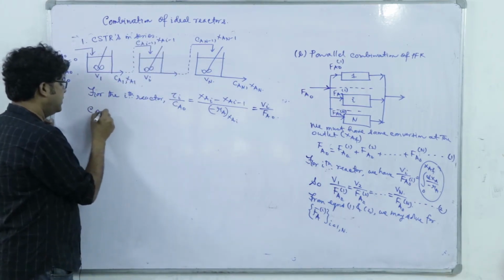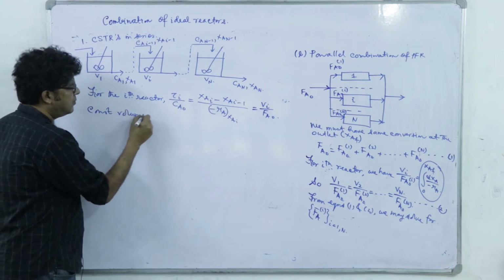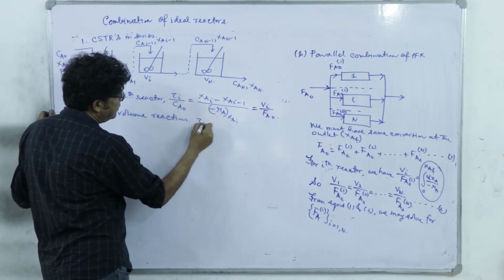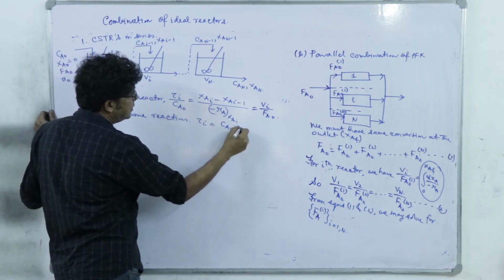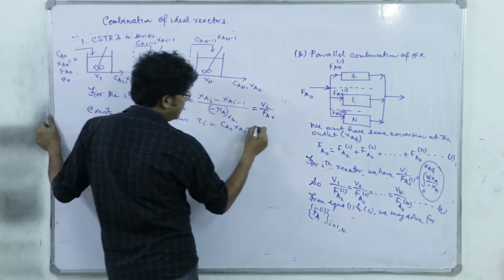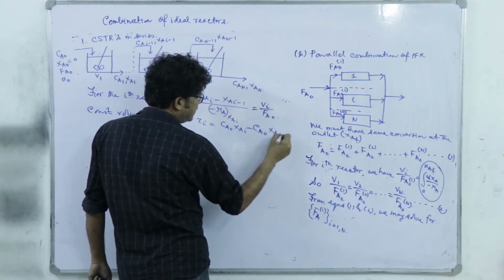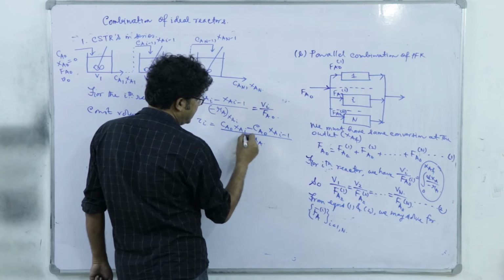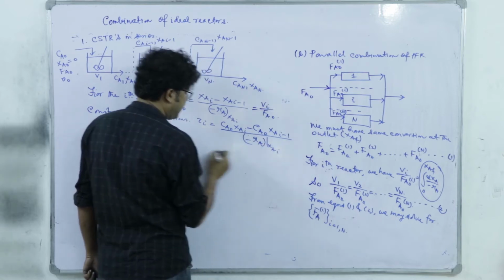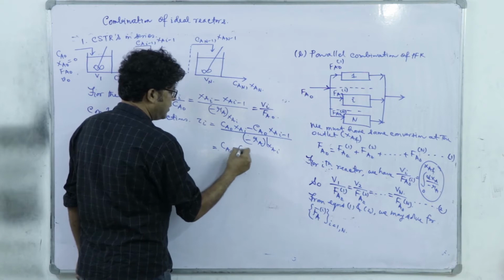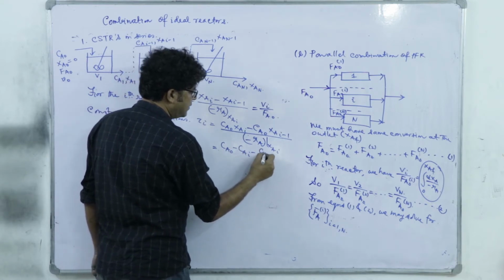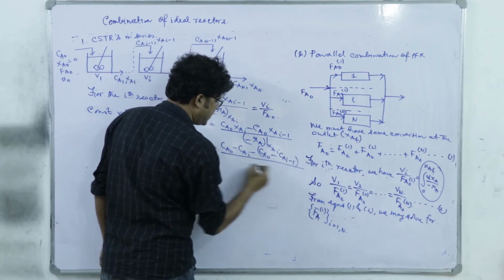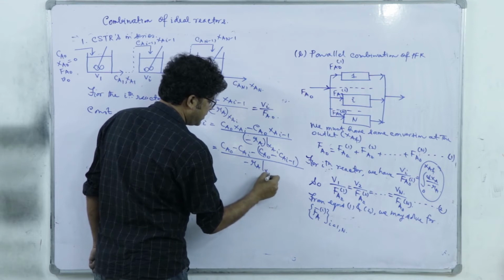Now, for constant volume reaction, we have tau i equal to Ca naught into Xai minus Ca naught into Xi minus 1 divided by minus Ra at Xi. So, this will give you Ca naught minus Cai minus Ca naught minus Ci minus 1 divided by minus Ra at Xi.